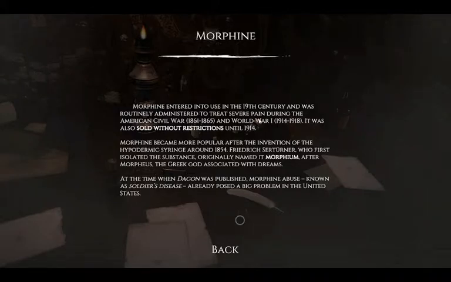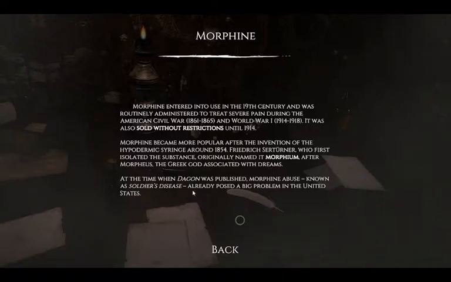Morphine entered into use in the 19th century and was routinely administered to treat severe pain during the American Civil War and World War I. It was also sold without restrictions until 1914. Morphine became more popular after the invention of the hypodermic syringe around 1854. Friedrich Sertürner, who first isolated the substance, originally named it morphium, after Morpheus, the Greek god associated with dreams.